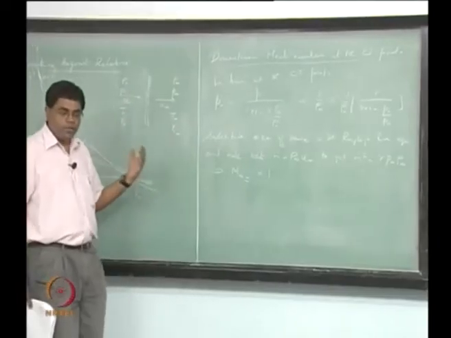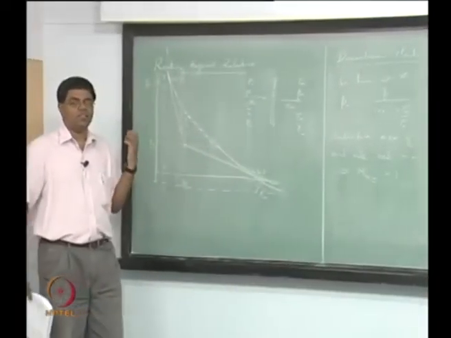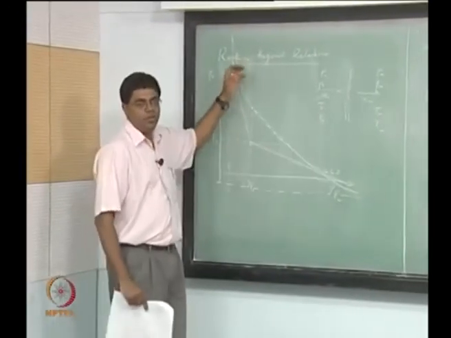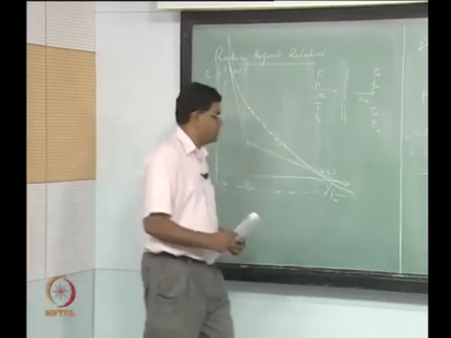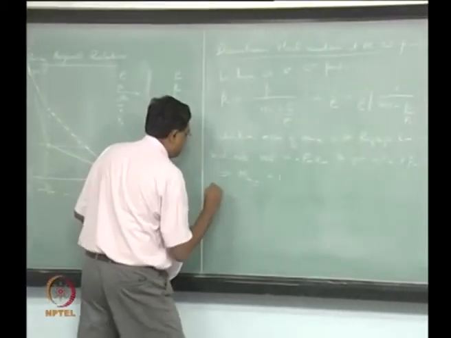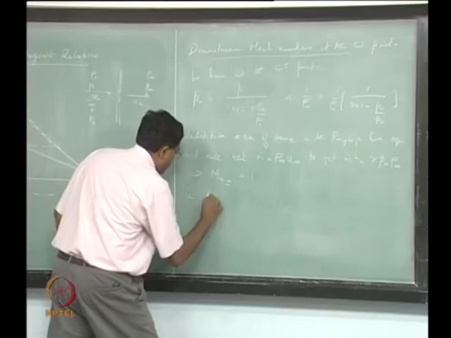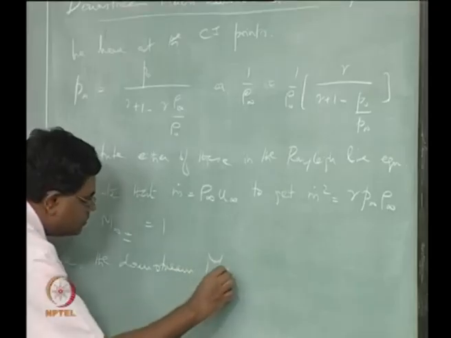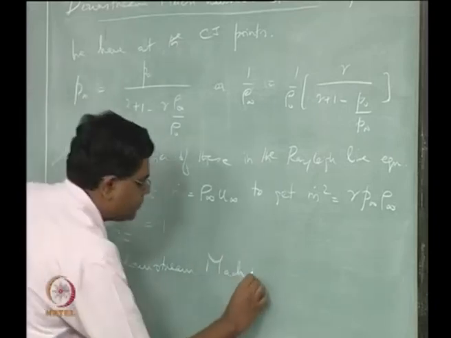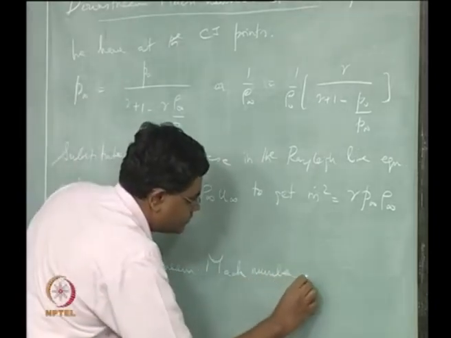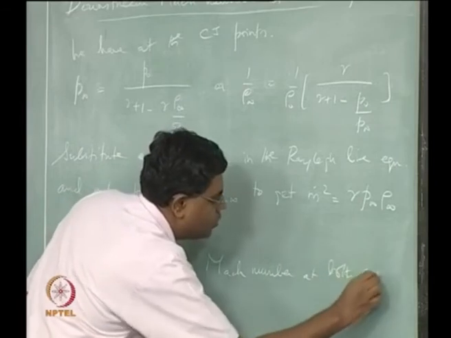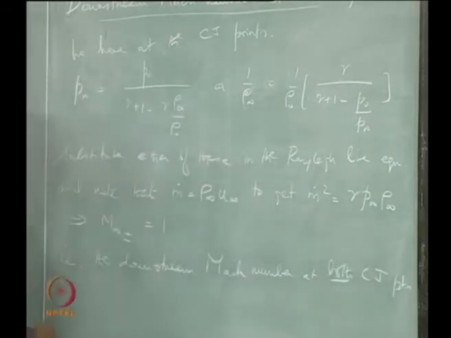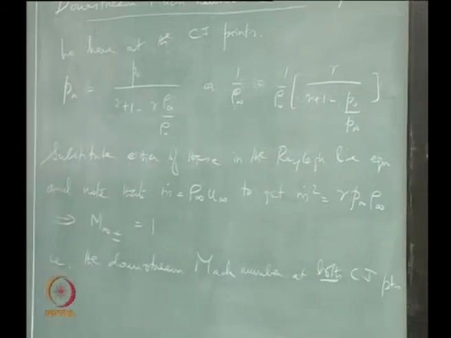So that means we are basically looking for the same answer for the downstream Mach number at either of these points, right. That is to say, the downstream Mach number at both Cj points is unity.